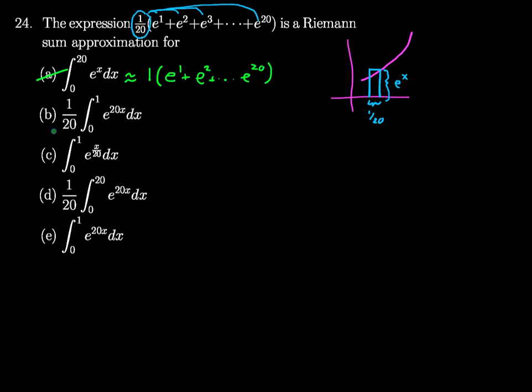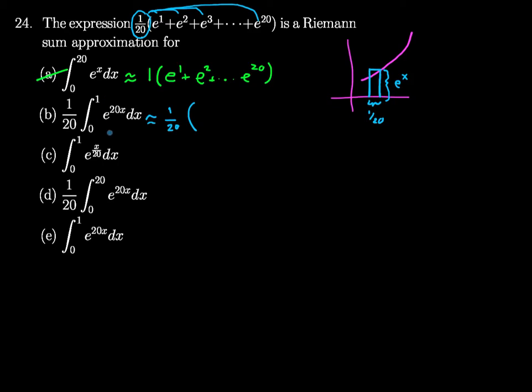This one, well, I see a 1 over 20 here, so that might help out. Let's see what happens. For the second one, I have this 1 divided by 20 in front, and I still want 20 subintervals.